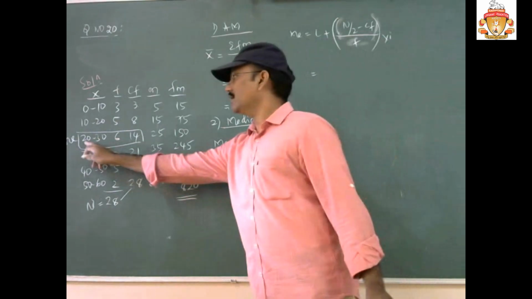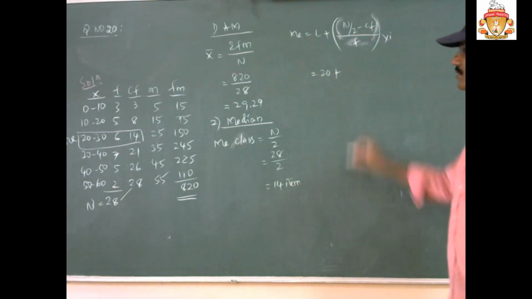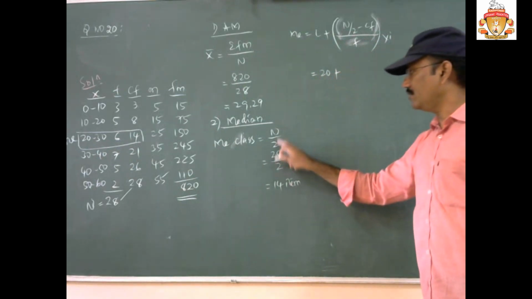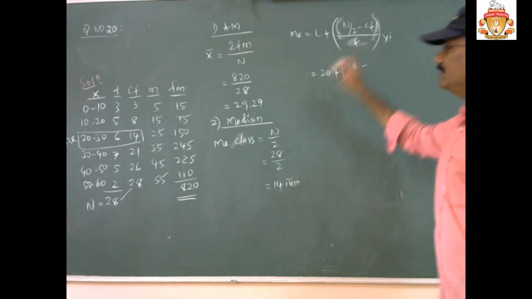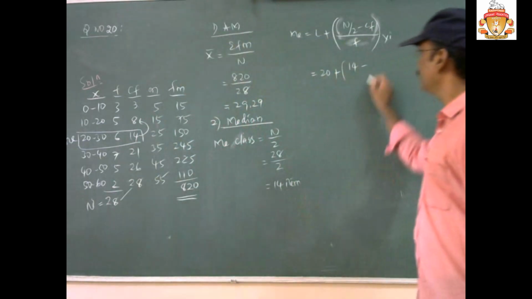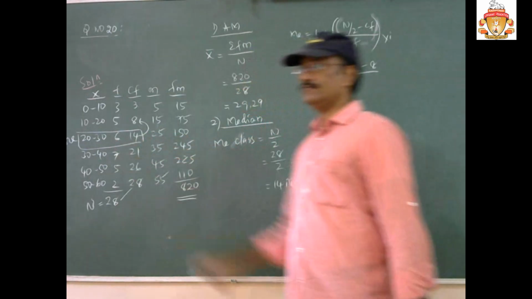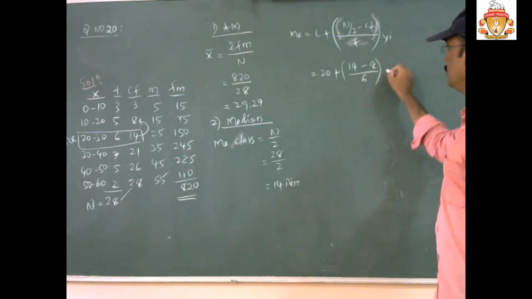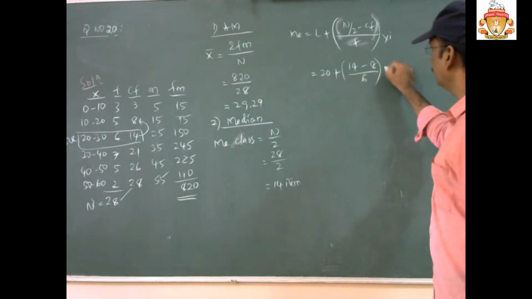The lower limit of the median class, 20, plus what is n by 2? 28 divided by 2, n by 2 means 14. What is CF? The cumulative frequency preceding the median class. How much? 8. Divided by what is the simple frequency? 6. Into i, which is 10. The difference of these two is 10.